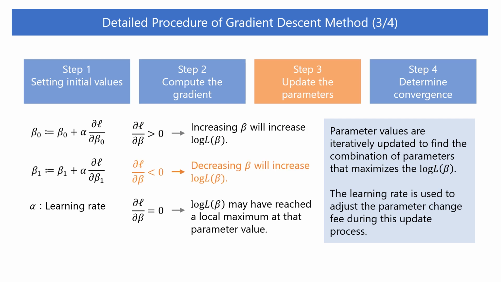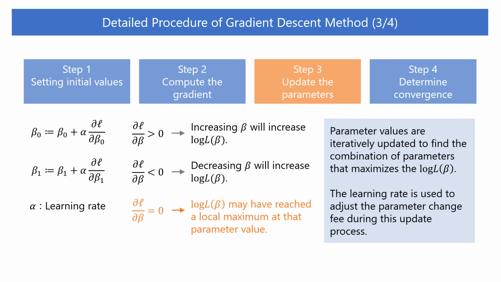Conversely, if the partial derivative is negative, the log likelihood is decreasing with the value of that parameter because the gradient is negative. In this case, decreasing the value of the parameter will increase the log likelihood and move toward a better model fit. If the partial derivative is 0, the gradient is also 0, and the log likelihood function may have reached a local minimum at that parameter value.